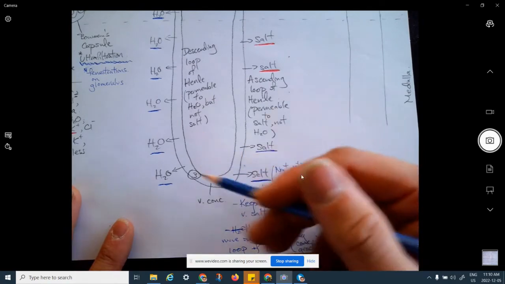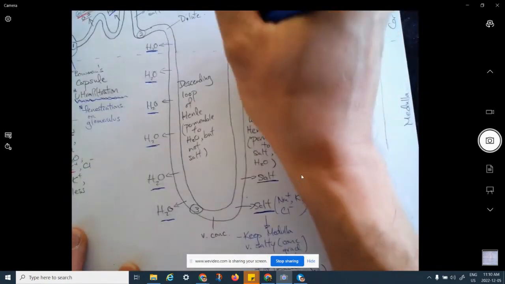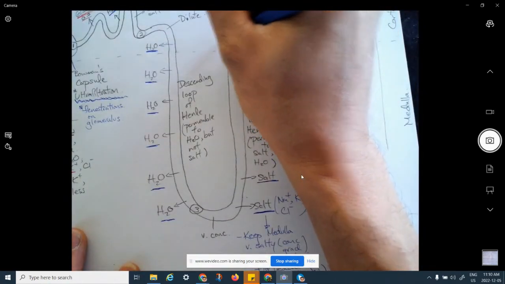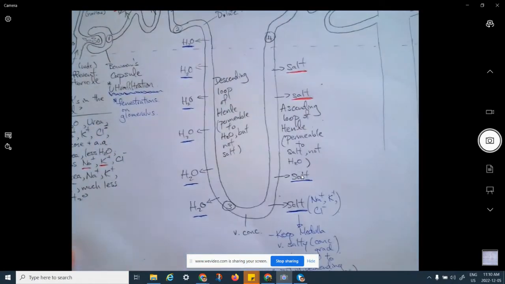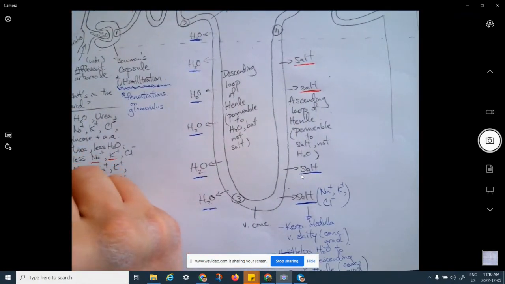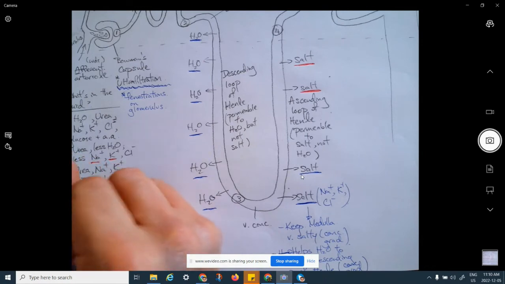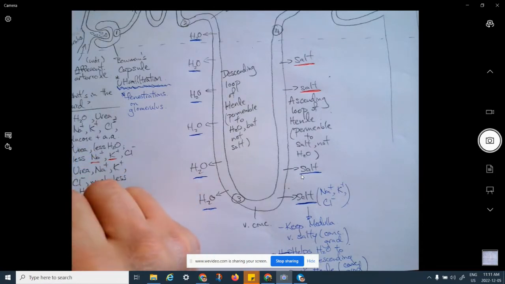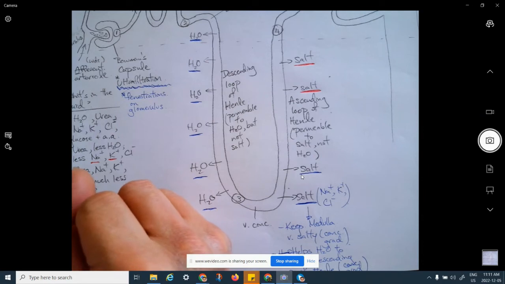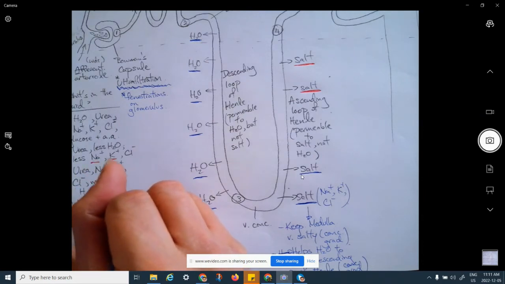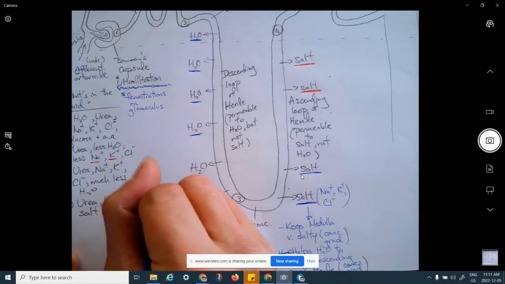So by the end of the ascending loop of Henle, let's just say here, in your filtrate, you still have a lot of urea, but you have less salt. Okay? Sodium, potassium, chloride ions.